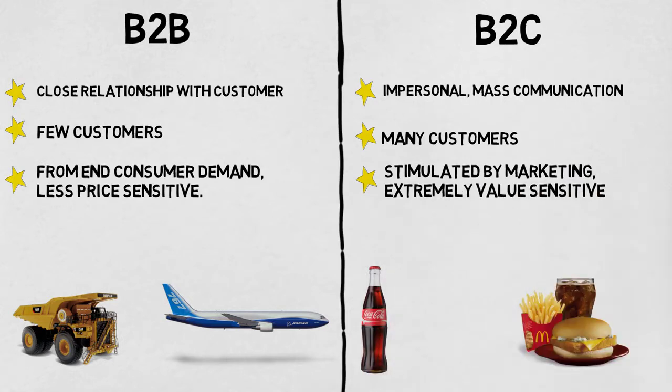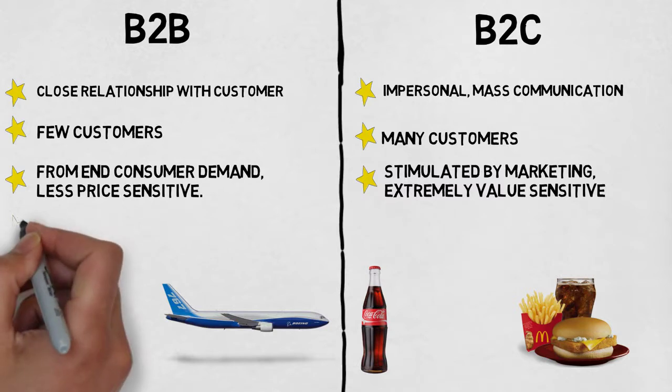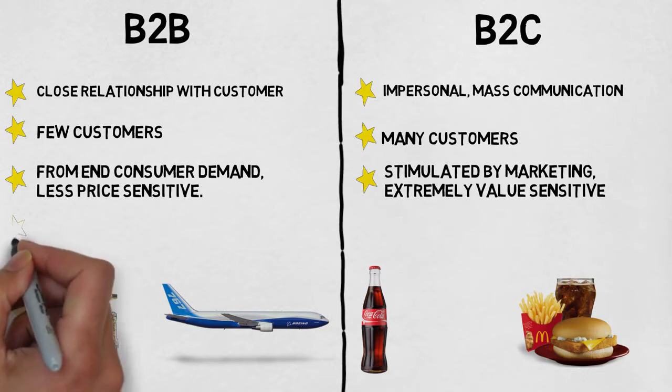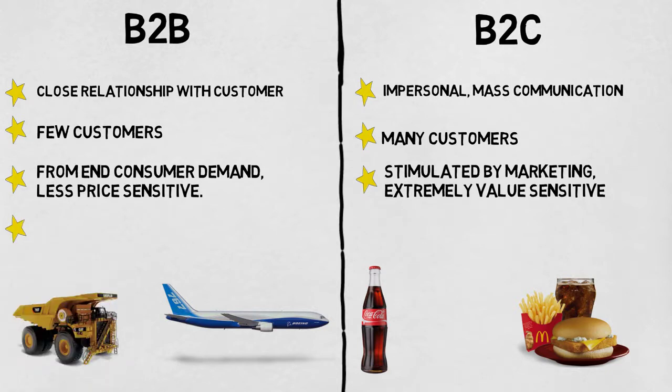B2C sales can range in cost from $1 to a few thousand dollars, except for cars and homes. B2C purchase decisions tend to be made based on wants more than needs or a budget, and therefore are triggered by more emotional decisions.